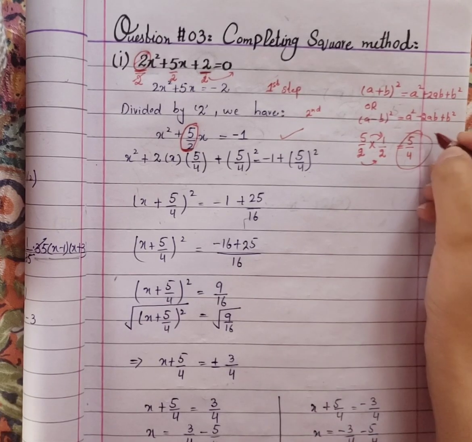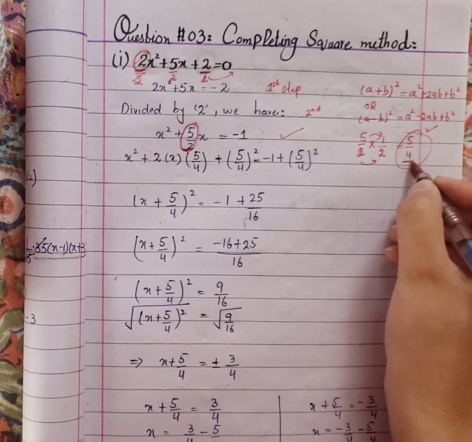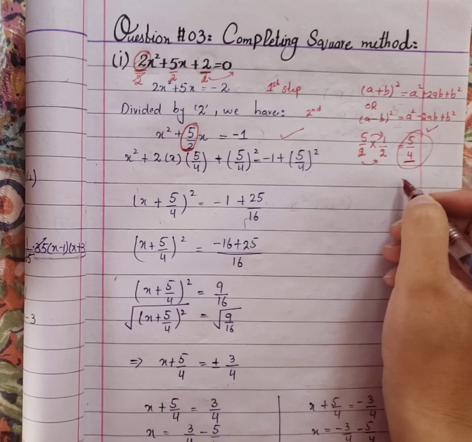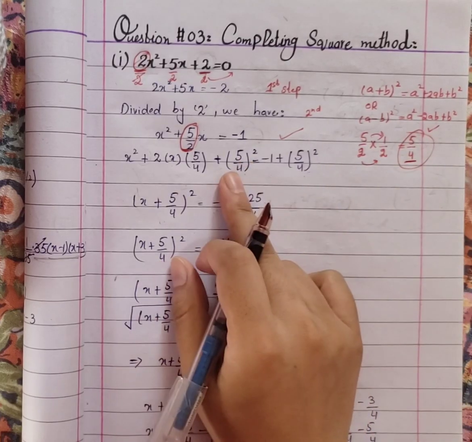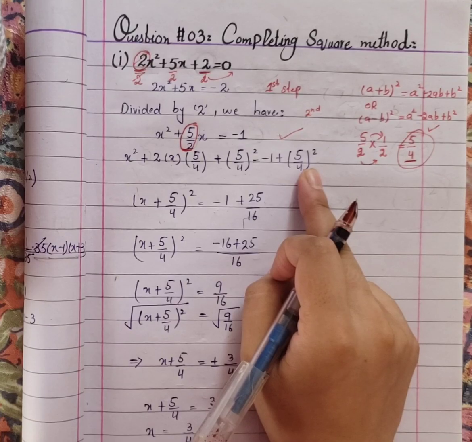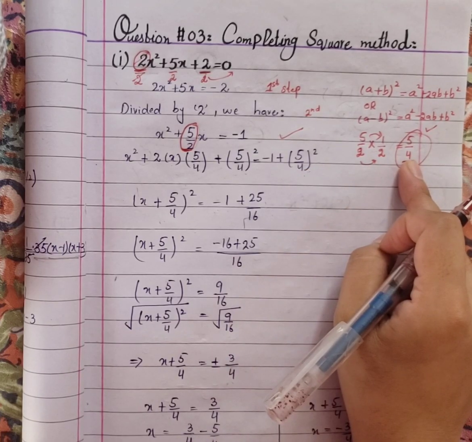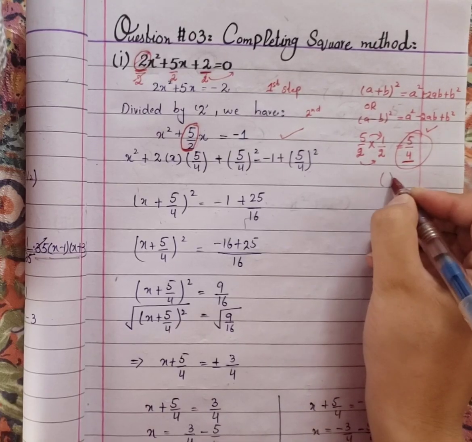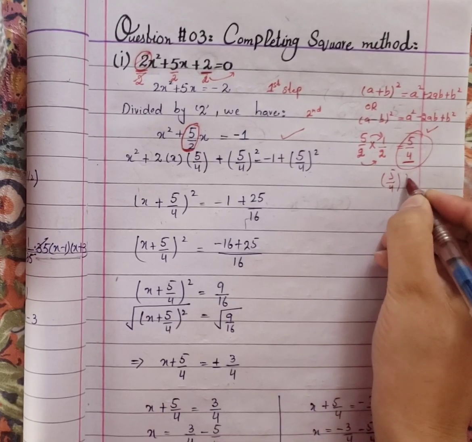Okay, so we have to add the square of 5 over 4 on both sides. Why on both sides? Because for balancing equation, which number we are adding here, on the other side same number we have to add. So we have to add the square of this number. So 5 over 4 is the main number. Take the square, that become 5 over 4 whole square.